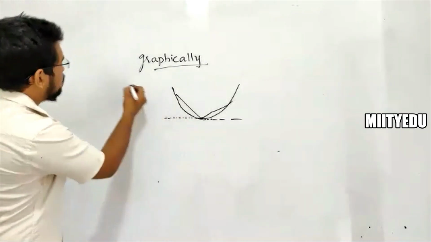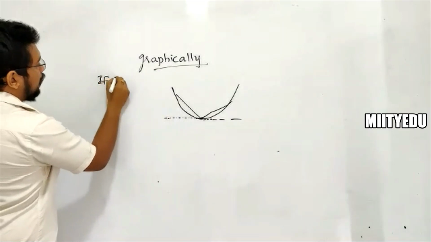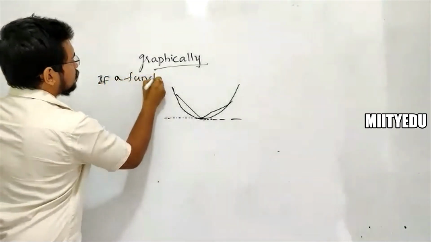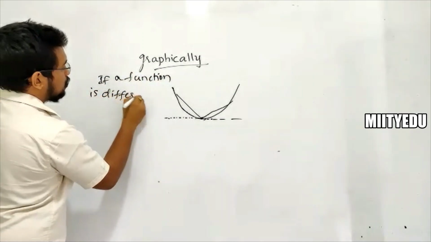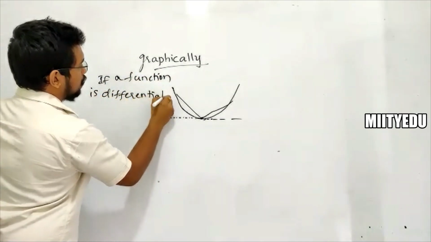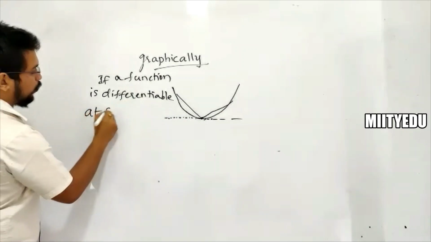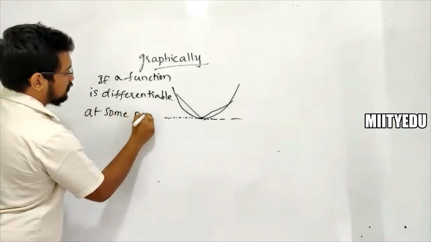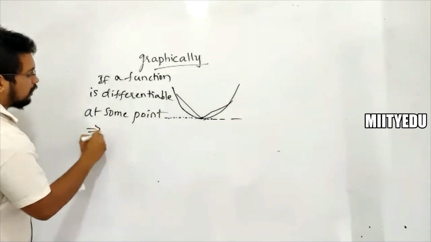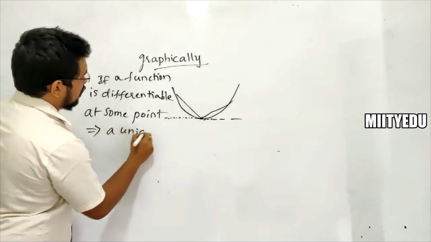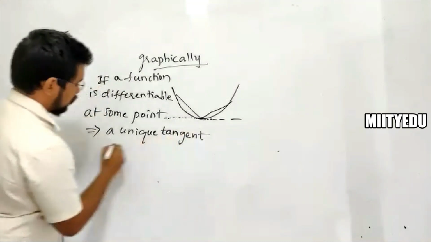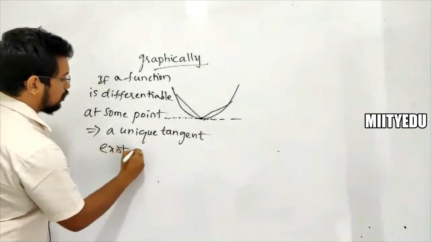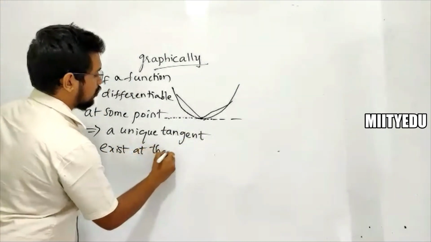It means that if a function is differentiable at some point, this implies that a unique tangent exists at that point.